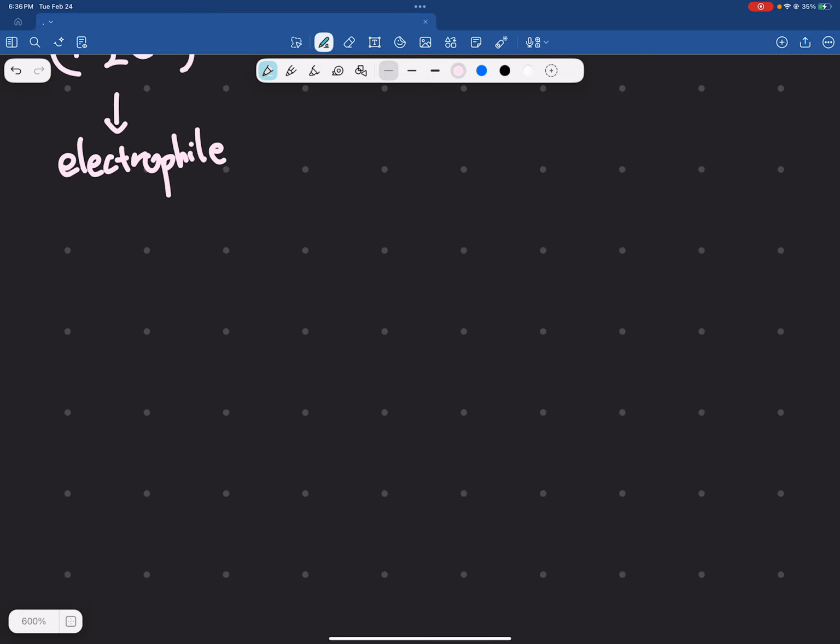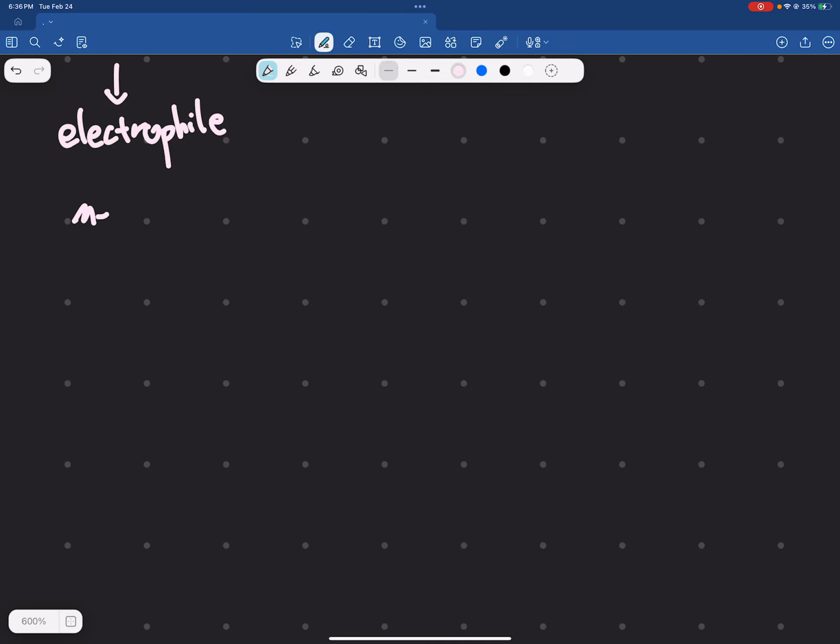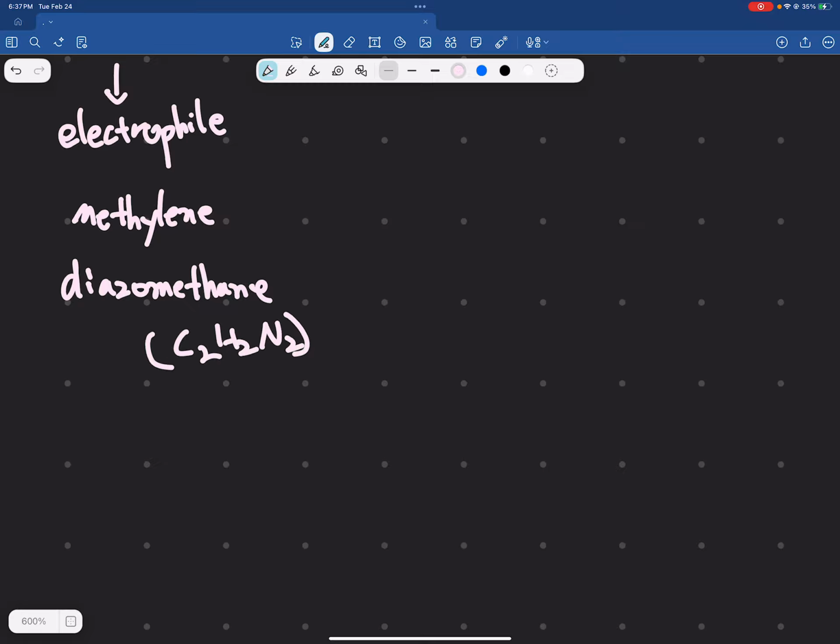The simplest carbene is methylene, and this is prepared by photolysis or thermolysis of diazomethane, which is going to look like this: CH2N2. So the formula is going to be that.